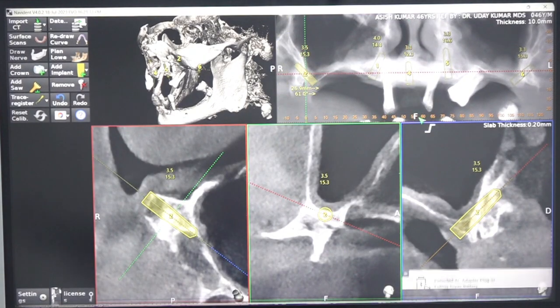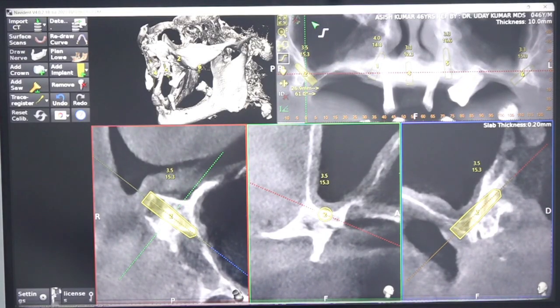Okay. So what is the backup option if pterygoid is not possible? If pterygoid we cannot, then the only option is to go for a zygoma. One more option is also there. You can put the same all-on-4 in front, and you can go for the provisional. You can give either second premolar to second premolar.